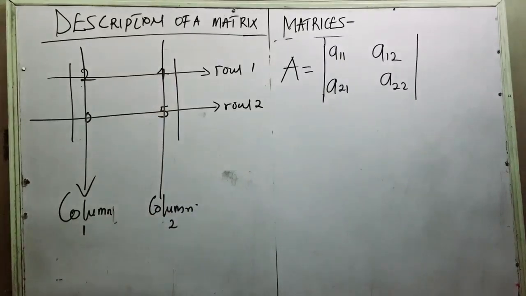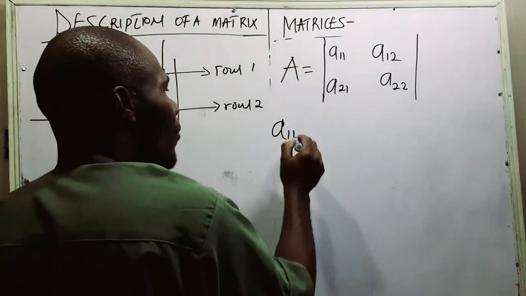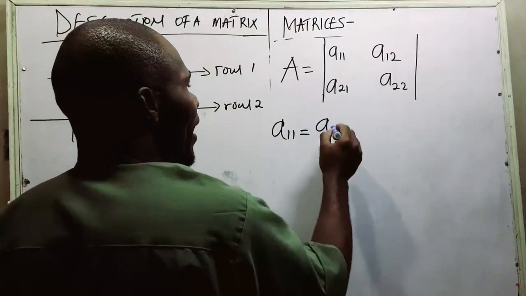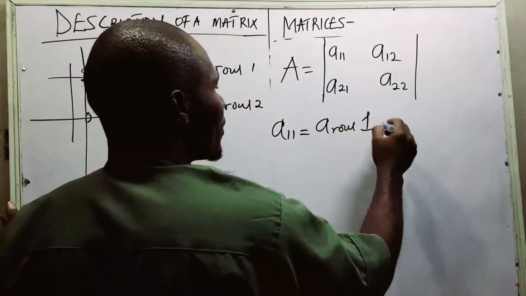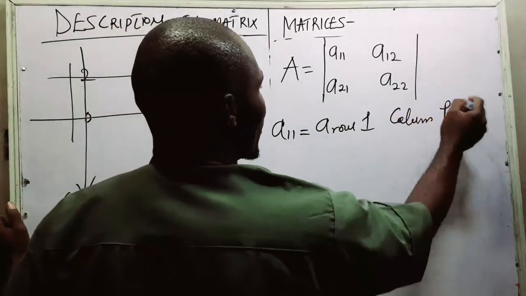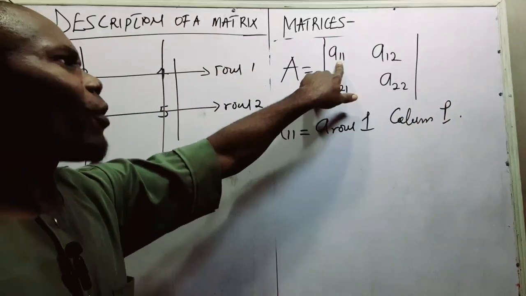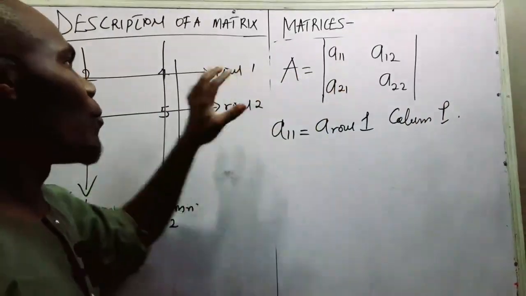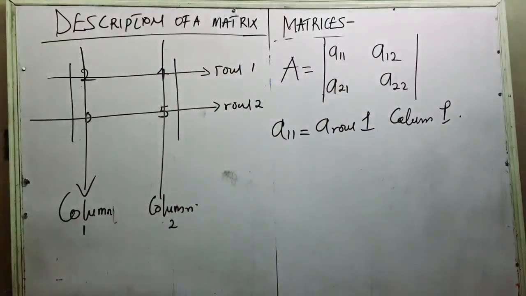Now I want to give it a numeric measure. The one we call A11, we call it A row 1 column 1. What I am explaining is that A falls in row 1 and column 1.